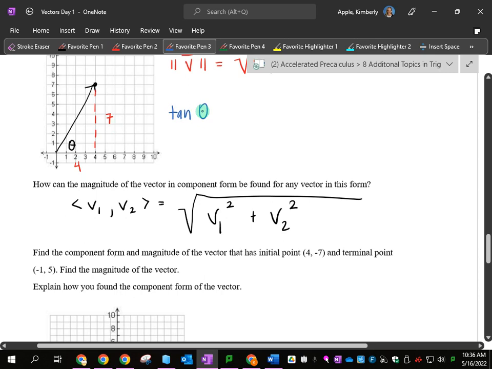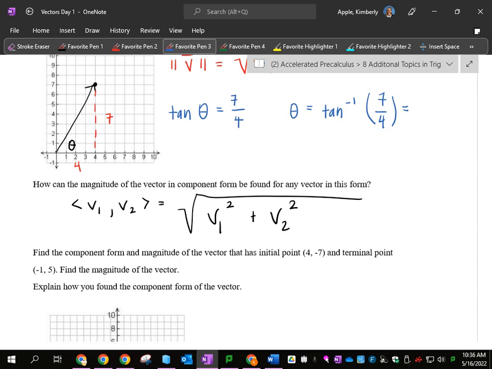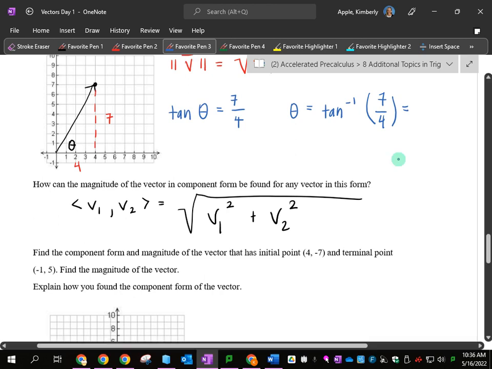We can say the tangent of theta is the opposite over the adjacent. And then to solve for the angle, I'll just take the tangent inverse of that ratio. This is a throwback to trig again. All right, so the tangent inverse of 7 over 4 is going to give me 60 degrees.